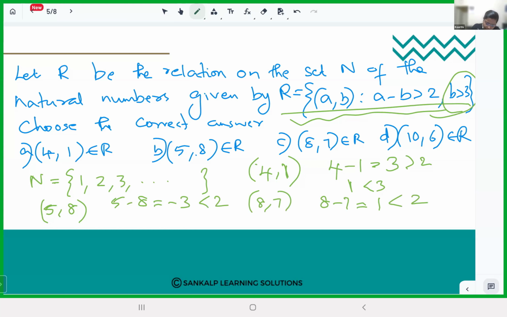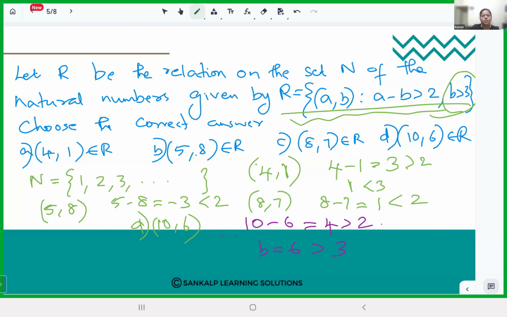Now the last one is (10, 6). The first condition is that a minus b should be greater than 2. 10 minus 6 is equal to 4, and 4 is greater than 2, so the first condition is satisfied. Now what is the second condition? The b, that is the second element, should be greater than 3. Here b is equal to 6, and 6 is greater than 3.